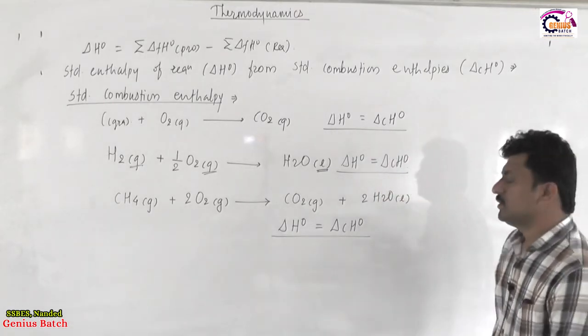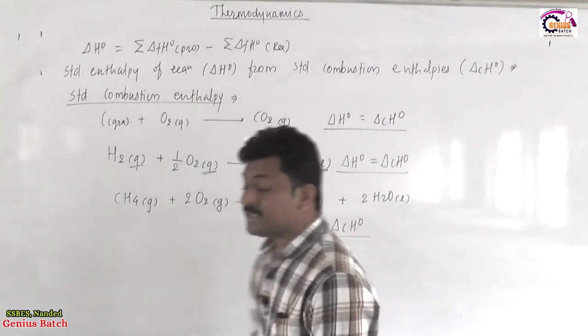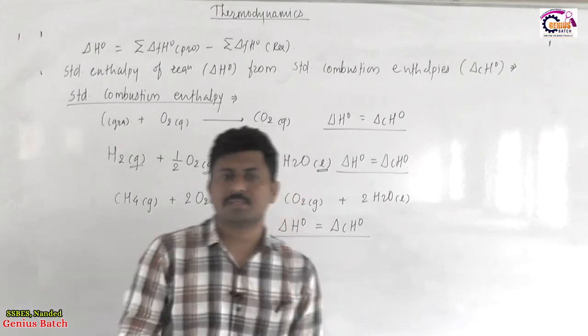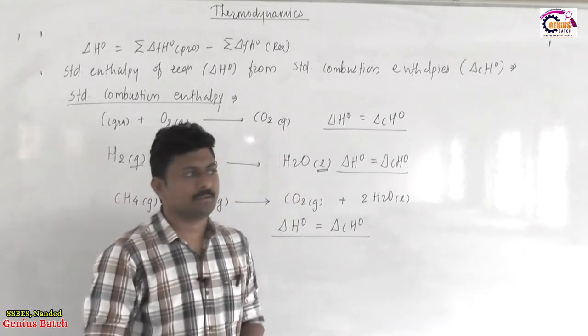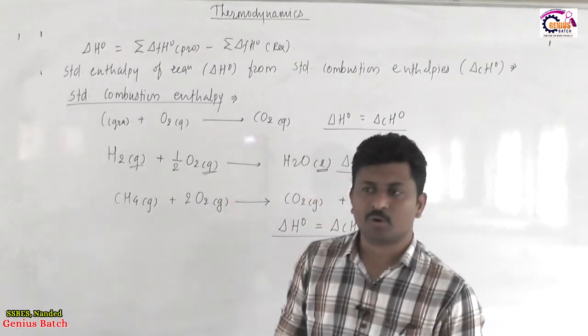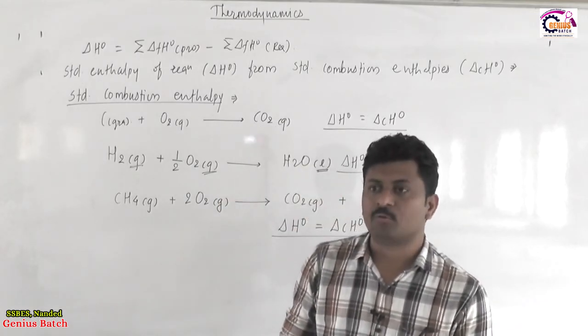Okay. So, if the combustion enthalpy of every substance in the reaction is given and the question is to find out the enthalpy change of that reaction, then how to find it?